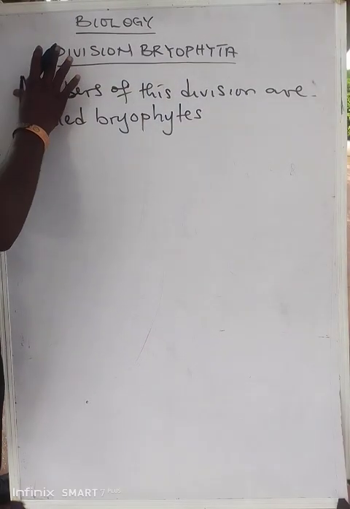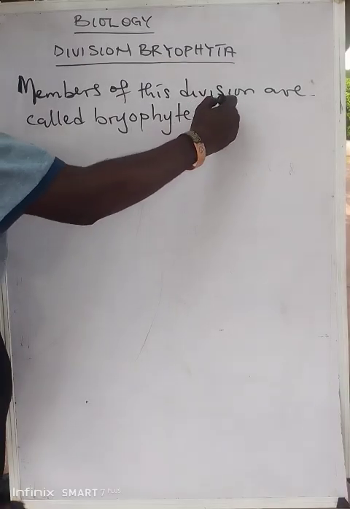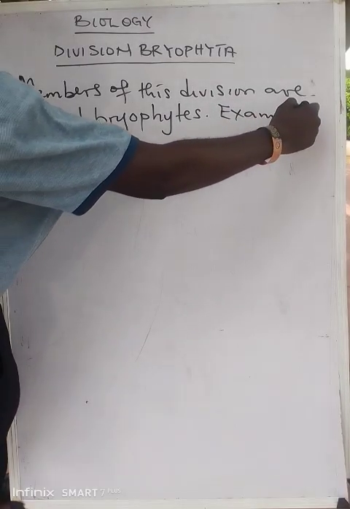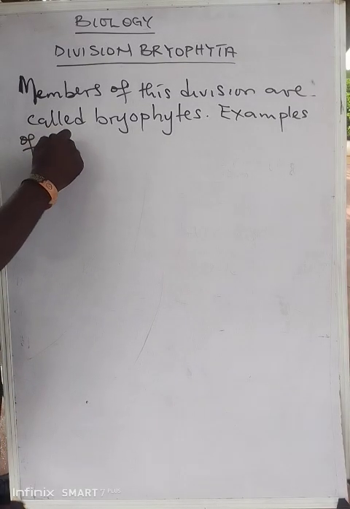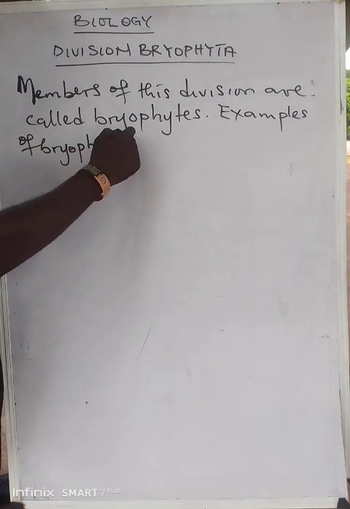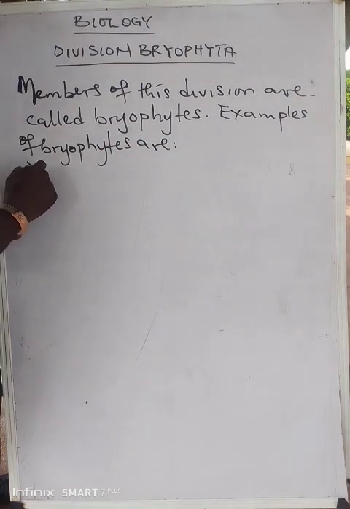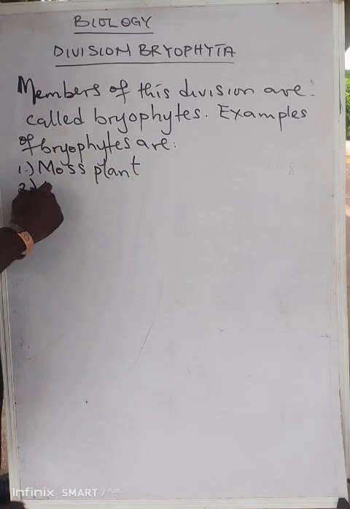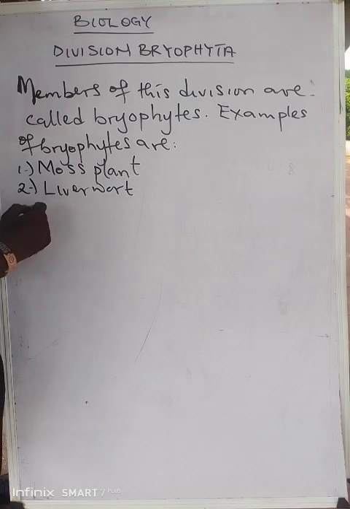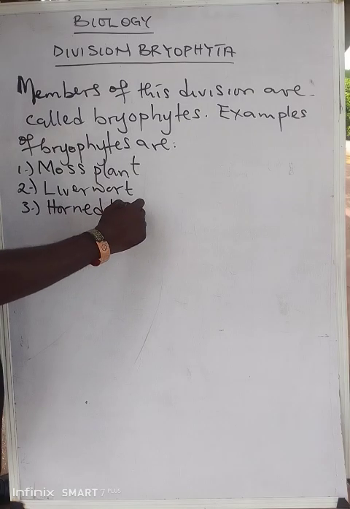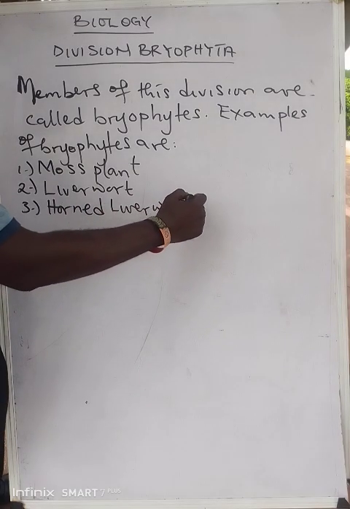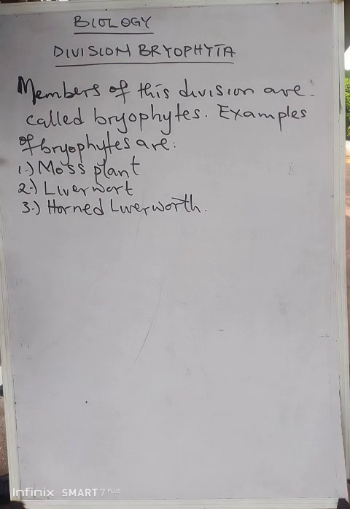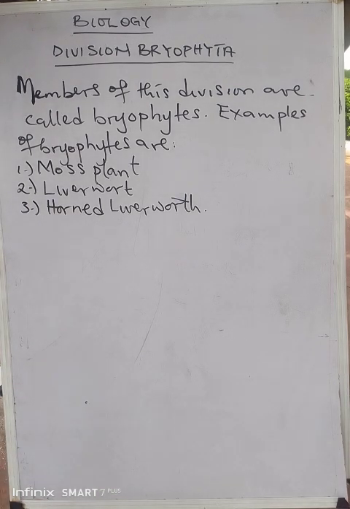Examples of bryophytes are moss plants, liverworts, and horned liverworts. These are the three examples, but we are going to focus more of our attention on the moss plant.